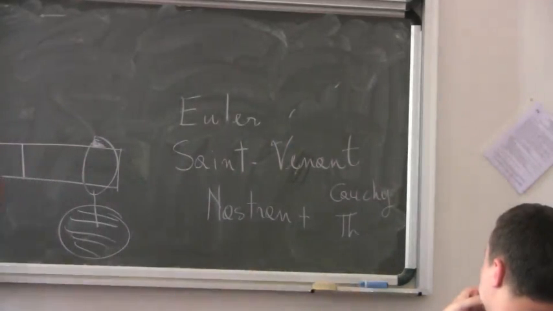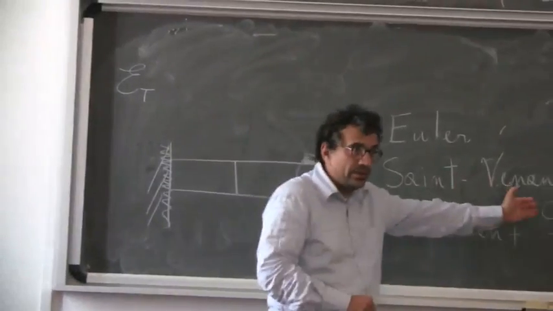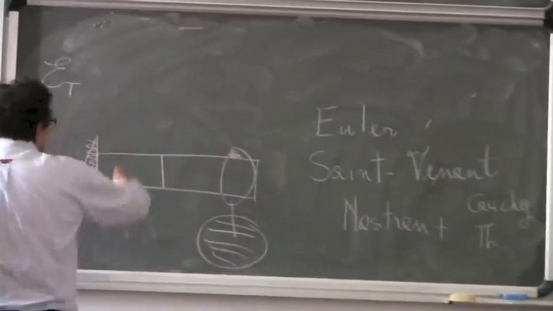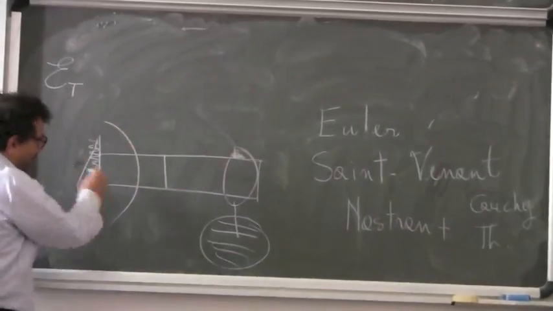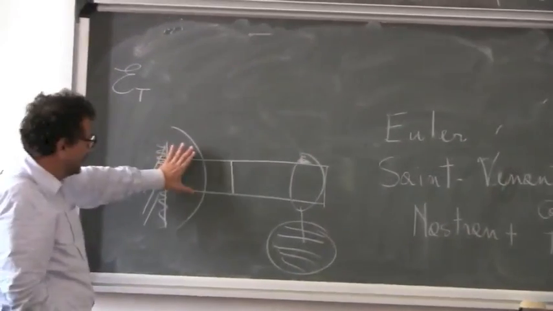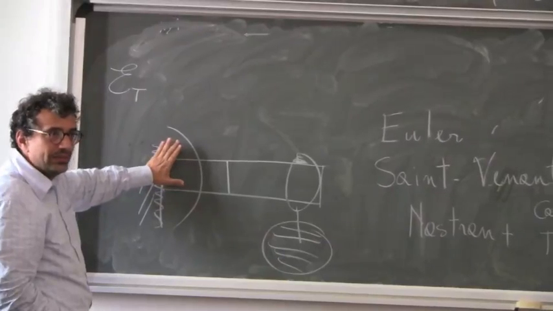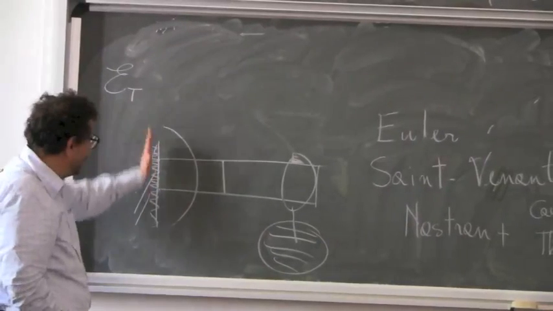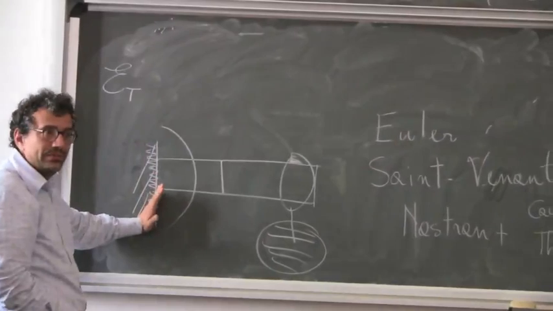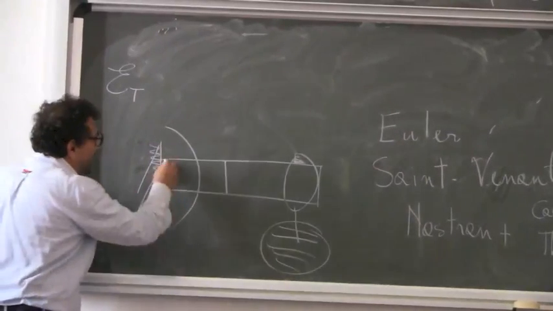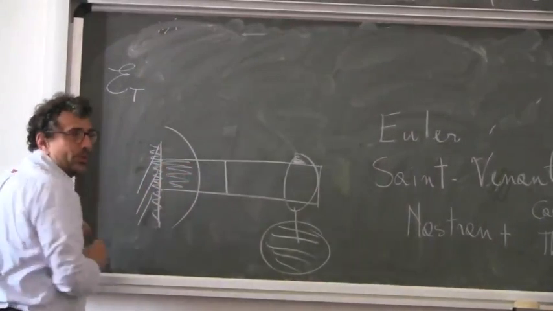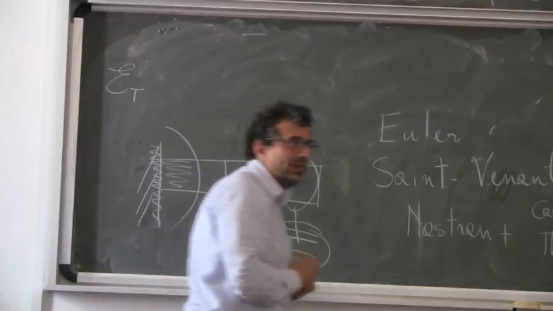Next step, M&M, using Cauchy theory, found a solution which is good far from the clamped side. What happens here, he could not discover.